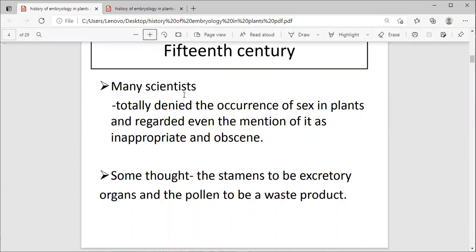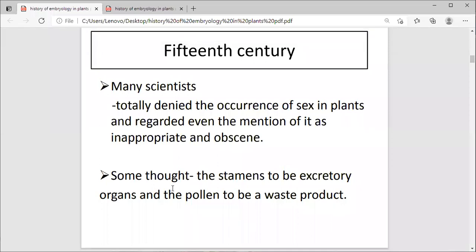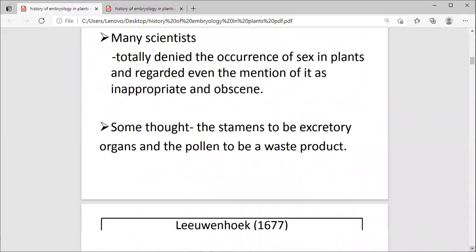Many scientists in the 15th century had several theories about sex linkage, or sex theories, in plants. Some thought the stamens to be an extraordinary organ and pollen to be a waste product. They said that the stamens can produce some kind of extraordinary substance, and pollen is the waste product. But actually, this is not true.